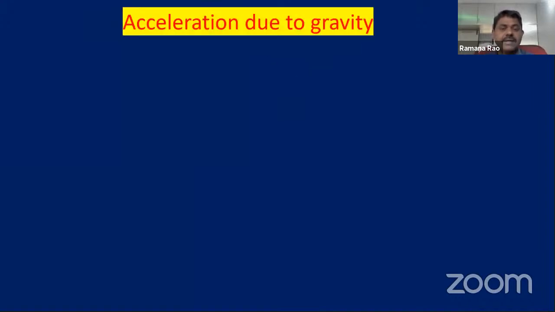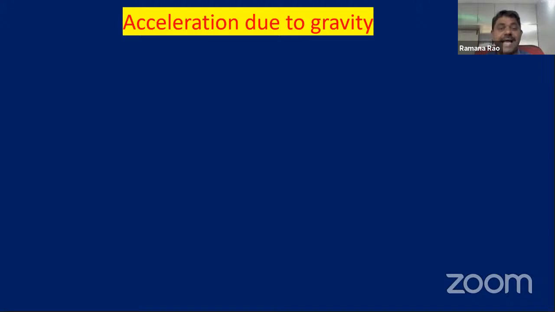Now, what is the quantity which is going to play an important role in the motion under gravity? In case of motion under gravity, all the bodies are going to move under gravity and the bodies are going to be accelerated. If you drop a ball from a tall building, a 50-meter building or a 100-meter building, you can see the ball is going to speed up.